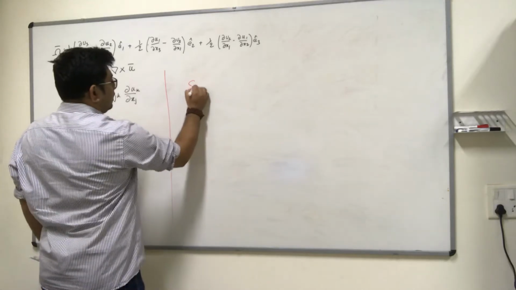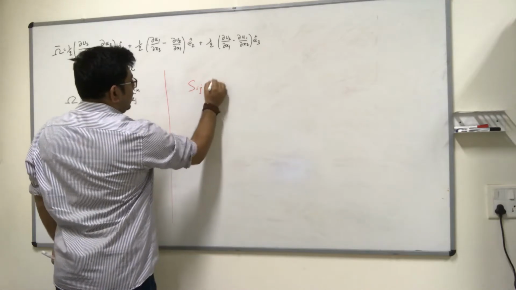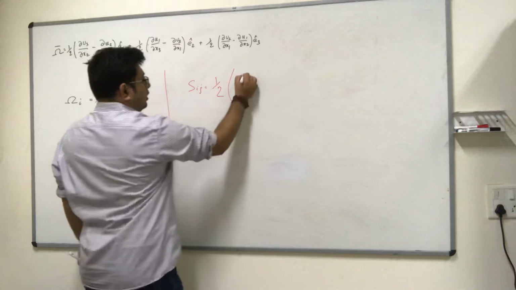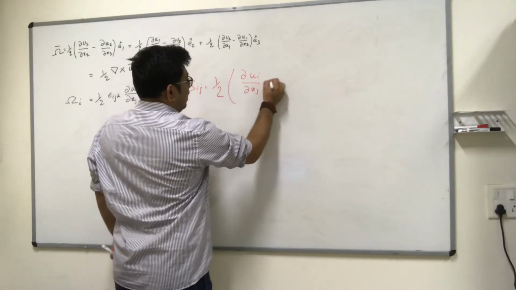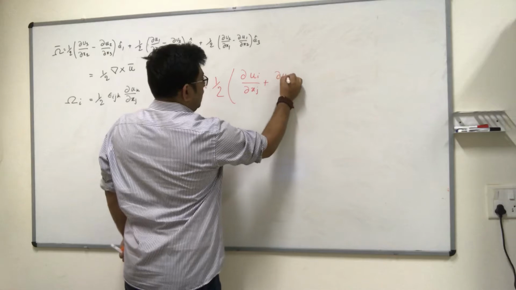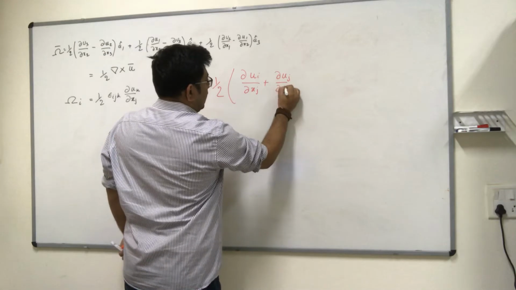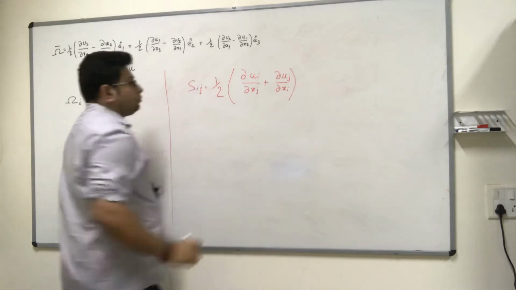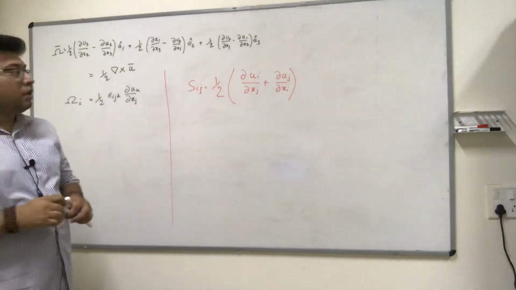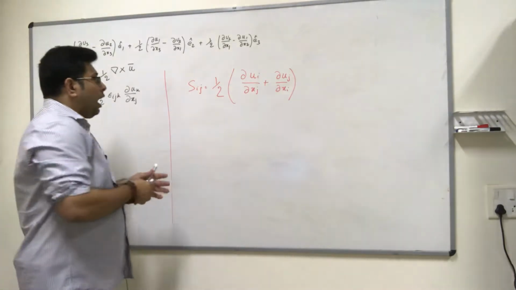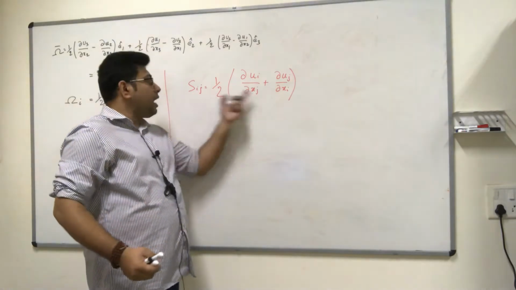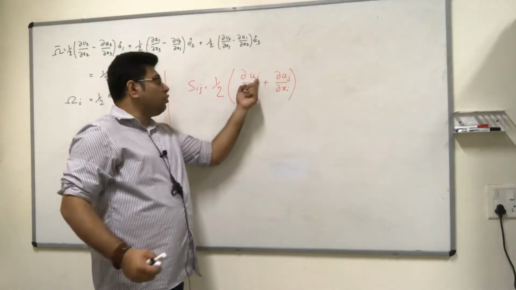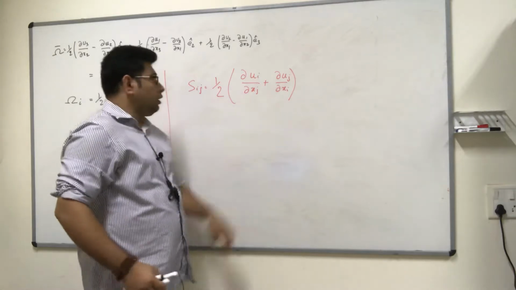We had said Sij is equal to half del ui del xj plus del uj del xi. And then we had also said that Sii is basically del ui del xi.